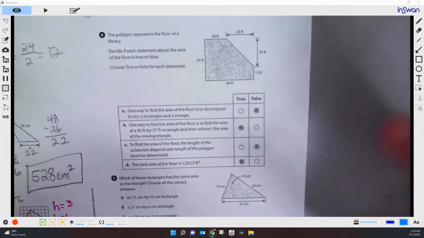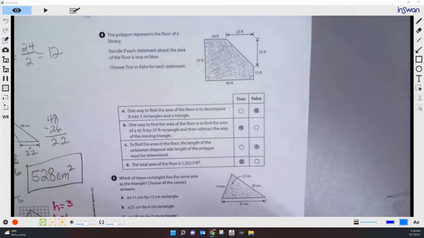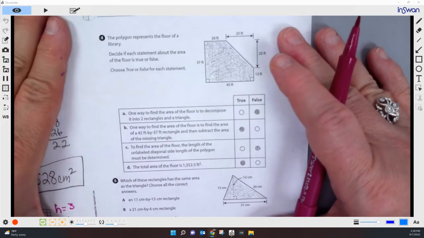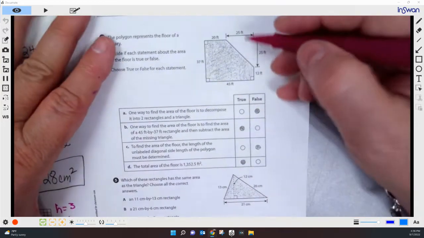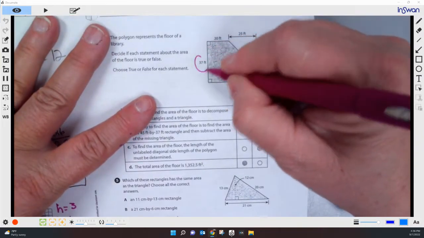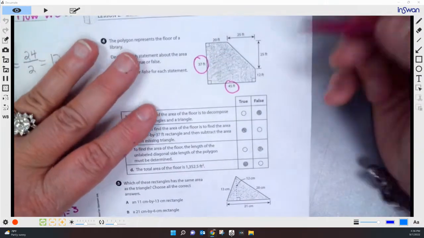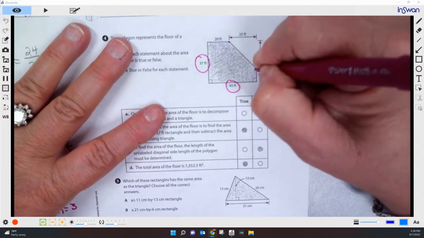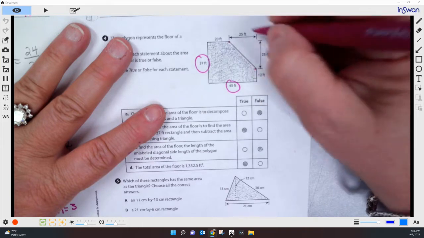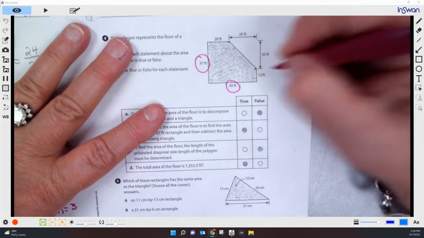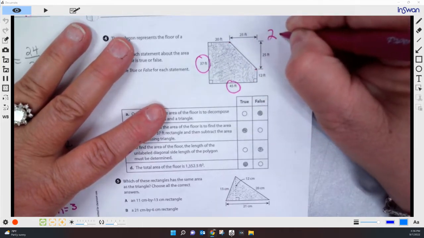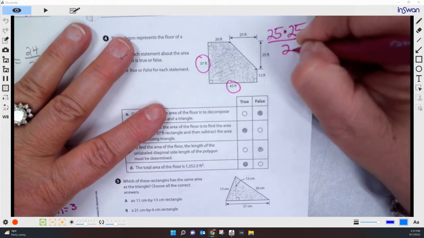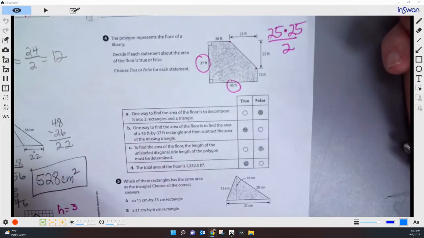If you look at the pieces and parts that we have, it's easier to understand when we can identify what we have. Now, typically, we have some dimensions like for base and height. And then over here, there's a corner that's removed between here and here. If that was a full triangle, it would be a 25 by 25 triangle. So 25 times 25 divided by 2 would be the area of that missing part.